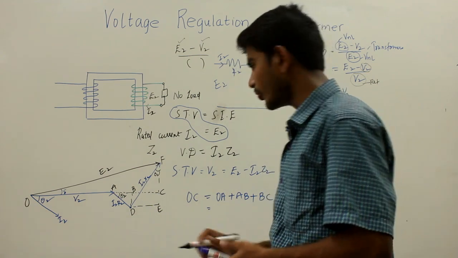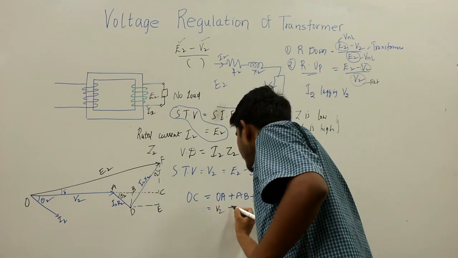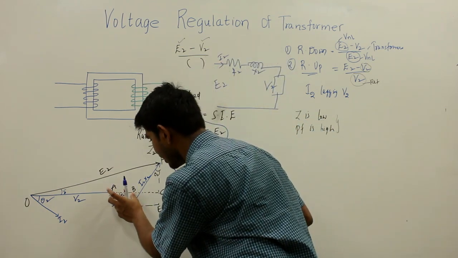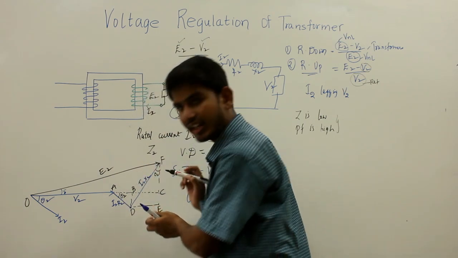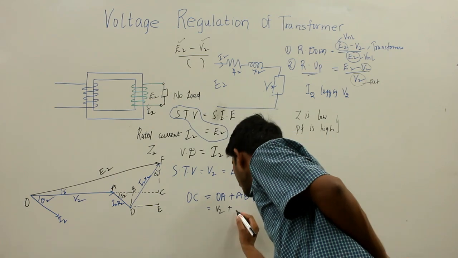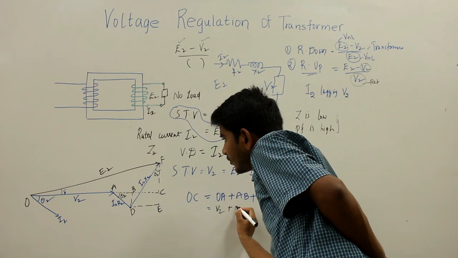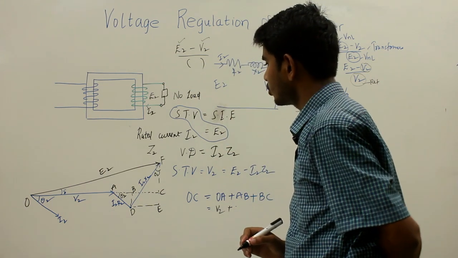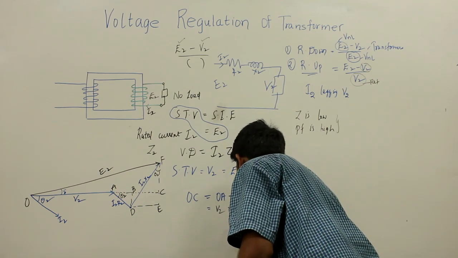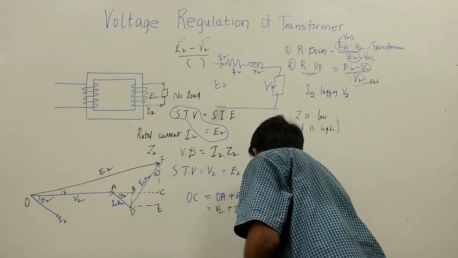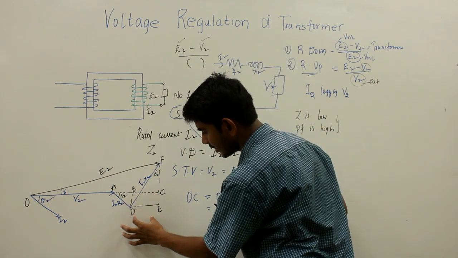I know OA is equal to V2, and for AB, if I apply cos theta 2, I get AB. So your AB will be equal to I2 R2 cos theta 2, plus BC, which is nothing but DE.